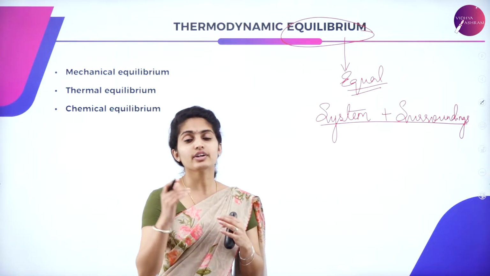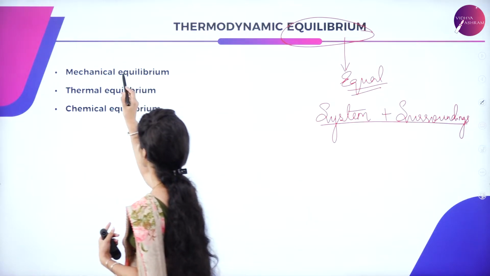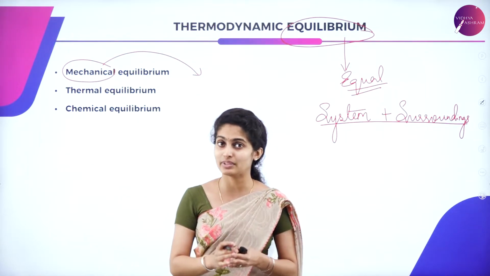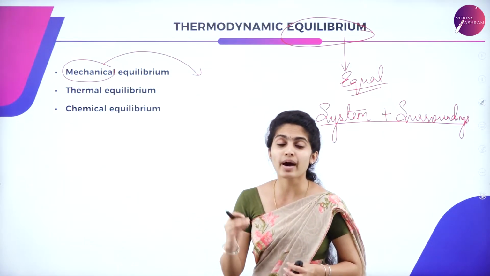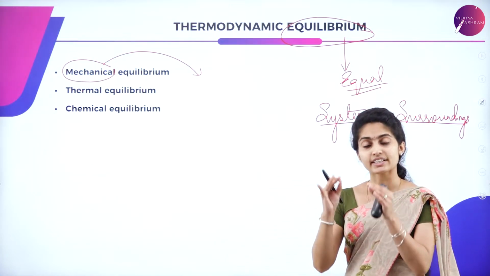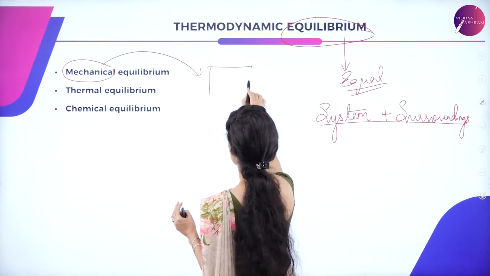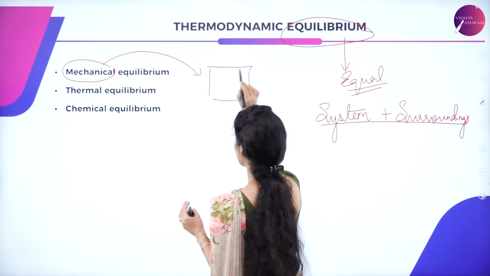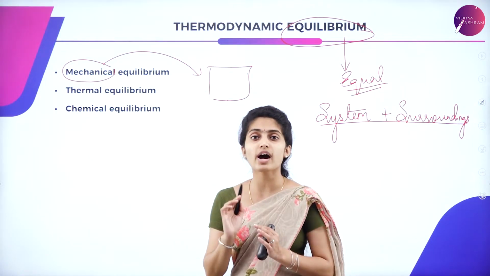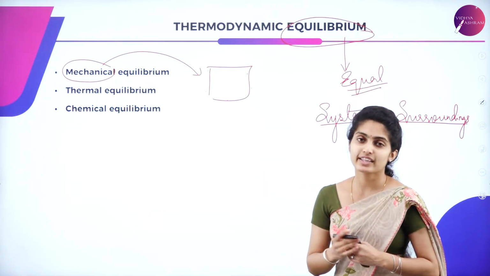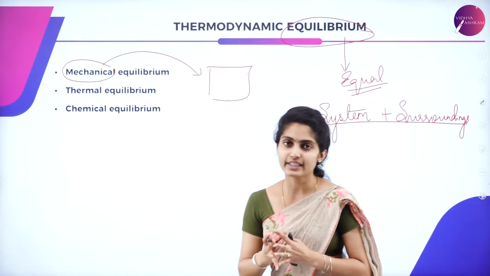So what is meant by mechanical equilibrium? There is no unbalanced force acting at different parts of a system. If there is no unbalanced force, then we can say it is mechanical equilibrium.